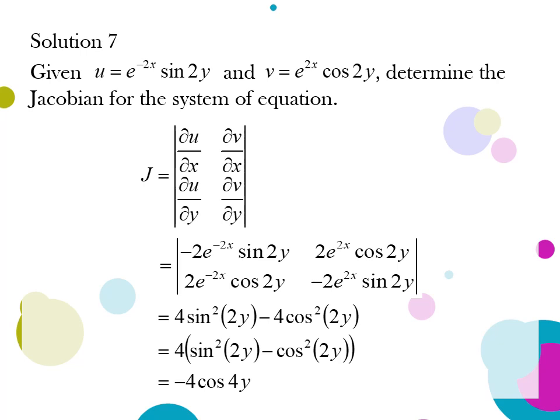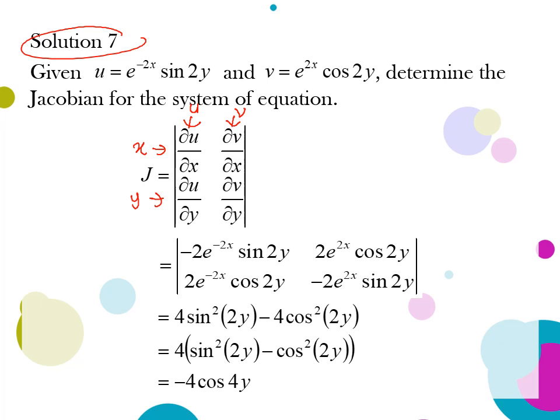Alright, so in this solution, I use the first column for my first function and the second column for my v, my second function. So I will treat my first variable x in the first row and my second variable y in the second row.